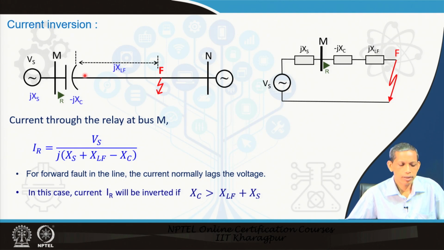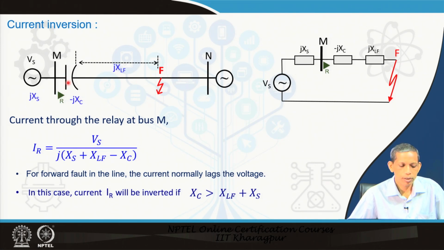The first phenomenon that will be there with the presence of a series capacitor, we will try to analyze. This phenomenon is called the current inversion phenomenon. Now, let us consider a system like this, where we have a series capacitor at the M bus end, where we have the relay.